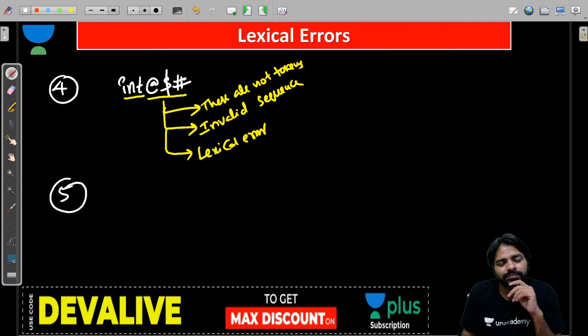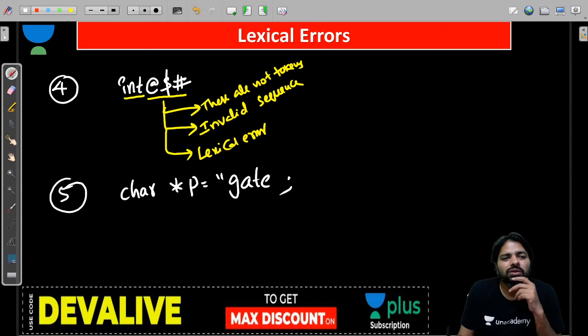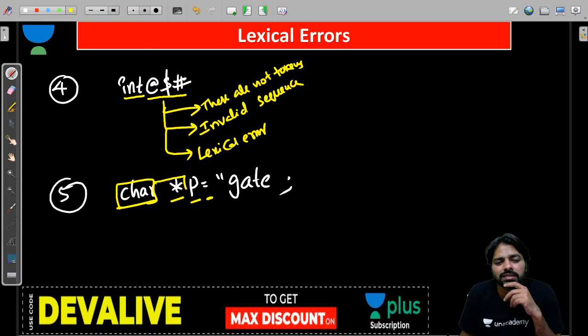Right. Fifth, when you have char star p is equal to gate, suppose up to here there was no problem, one token, second token, the space is ignored, and the equal, and yes the start happened.